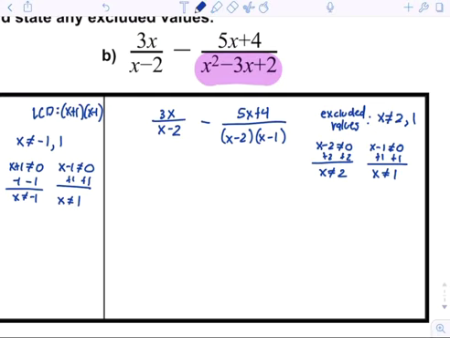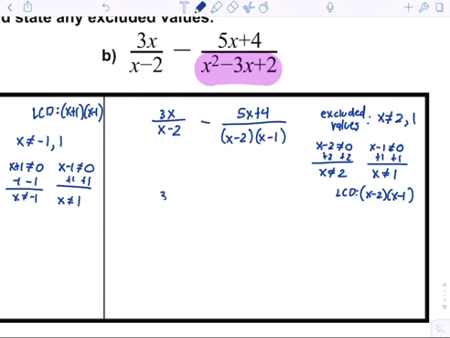Now we gotta find the least common denominator, right? So the LCD is x minus 2 and x minus 1. Because when I look at this one, it's missing an x minus 1, and this one isn't missing anything.